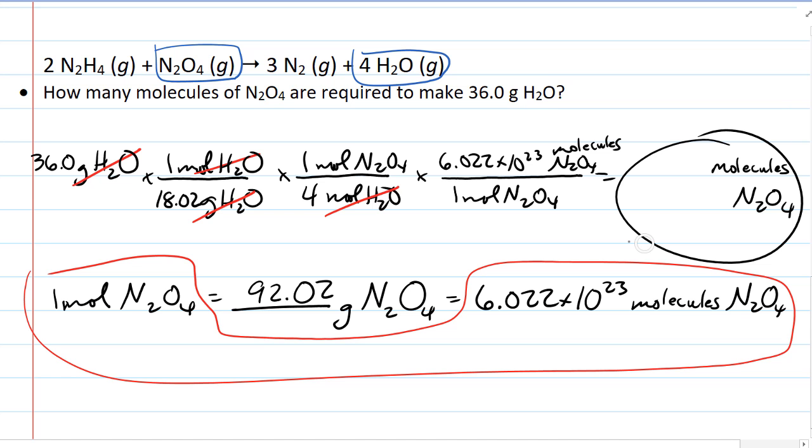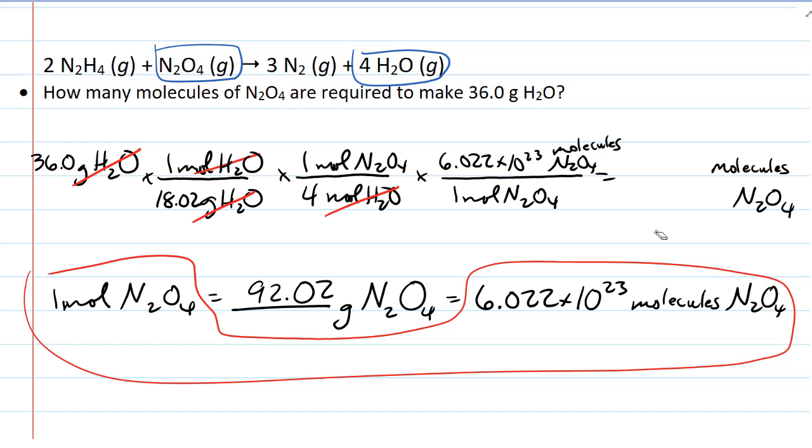So this would be molecules of N2O4. We can then go through and calculate this out. Remember how to do these now on your calculator using your EE button or your EXP button. We'll take 36, divide this by 18.02, divide it again by 4, and then multiply by Avogadro's number.